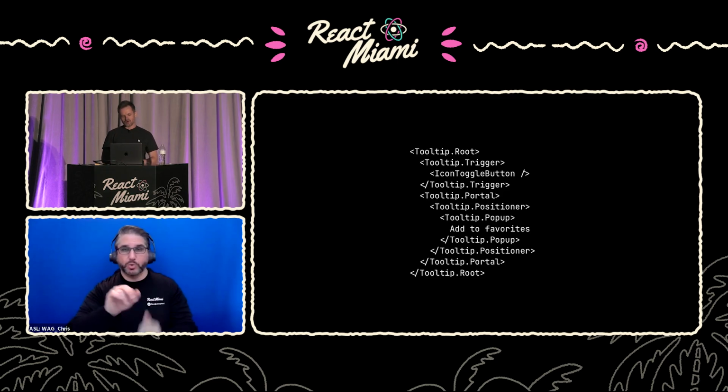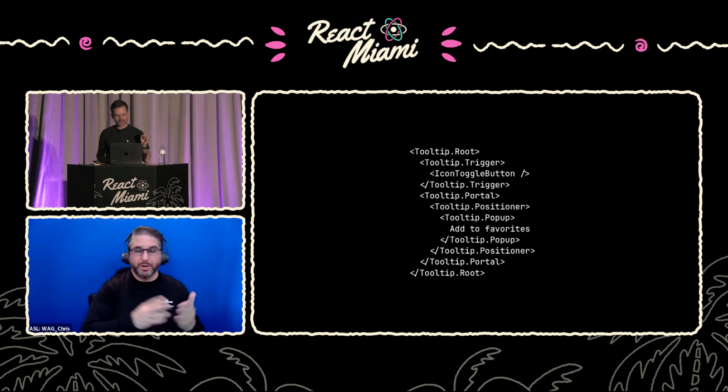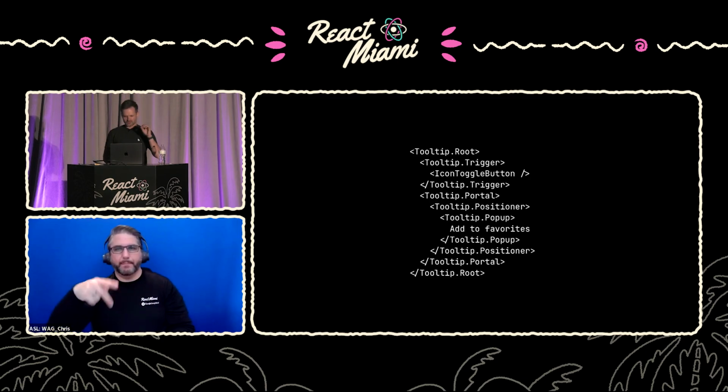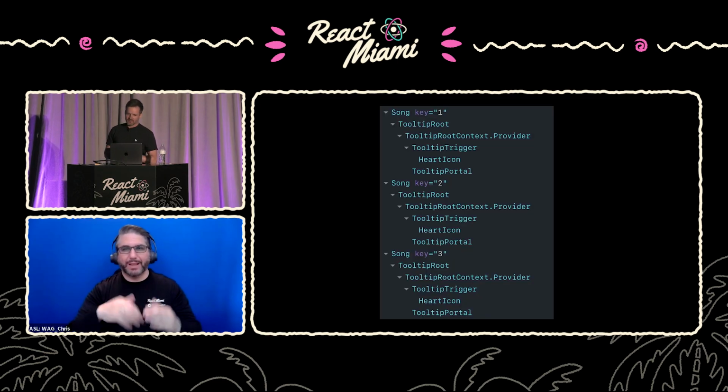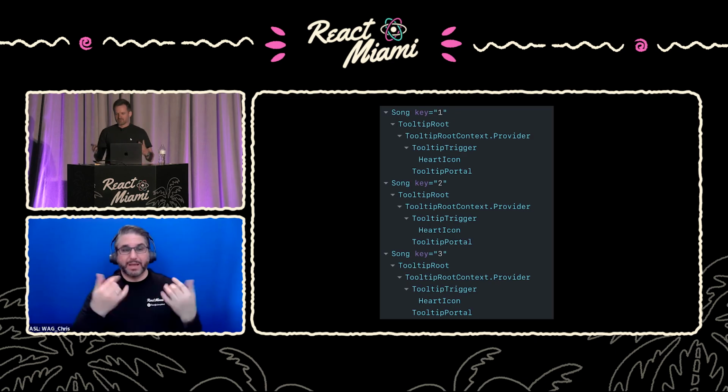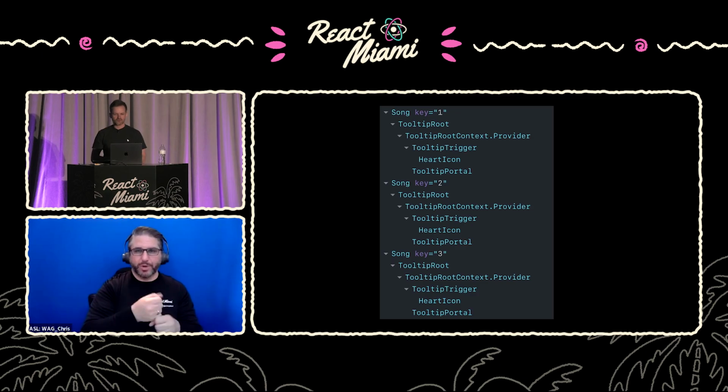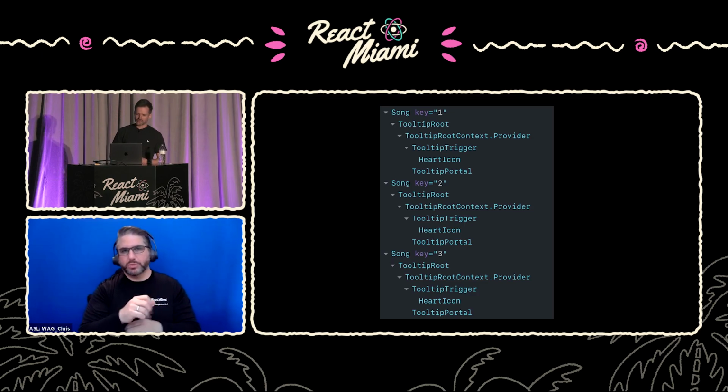There's a root part that wires together a trigger and a pop-up. And in our case, a pop-up is made of a portal, positioner, and a couple of other parts. For closed tooltips, we don't render anything below portal. But still, in an application where no tooltips are open, React has to create and render these roots, context providers, and portals for each row.